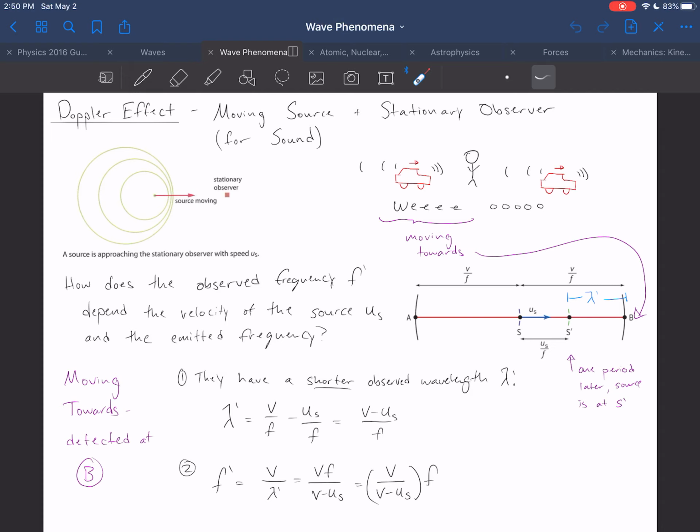And so we can ask ourselves the question, how does the observed frequency depend on the velocity of that source, the thing that is sort of moving the center of those wavefronts, and the emitted frequency? So that'll be our central question. But before we get to that and analyze it, let's take a look at sort of a moving simulation version of the same thing.